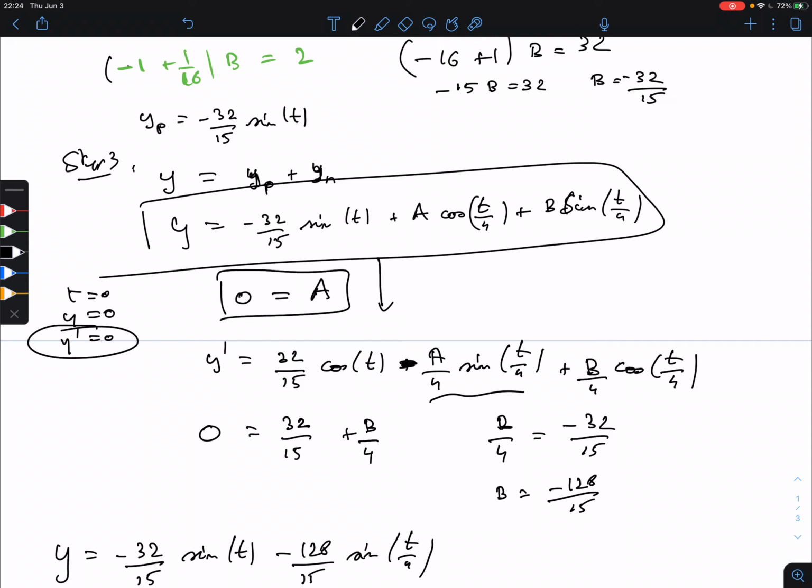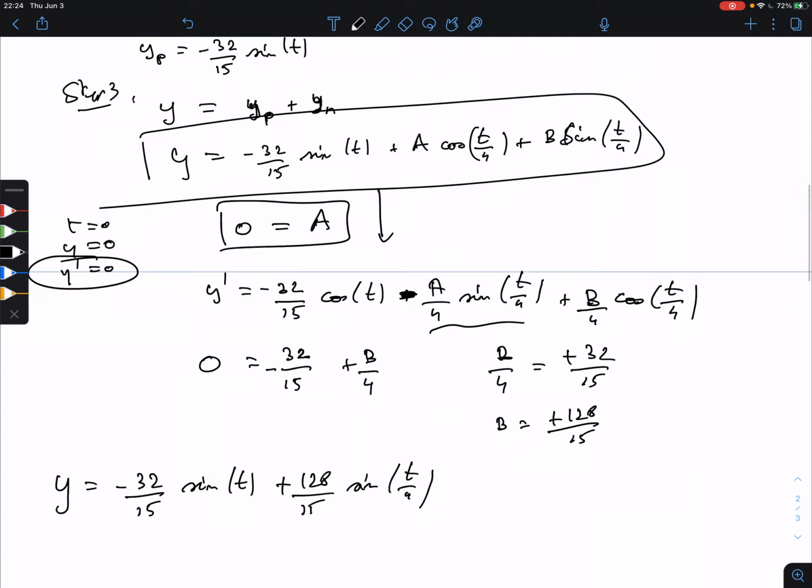Did I make a mistake here? A and b, we're taking derivatives. So the derivative of cosine is minus sine. This is a plus. And the derivative of sine is cosine, so this remains a negative sign. Oh, I'm sorry. So this is still a negative sign, so this becomes a positive sign. And now it's correct.